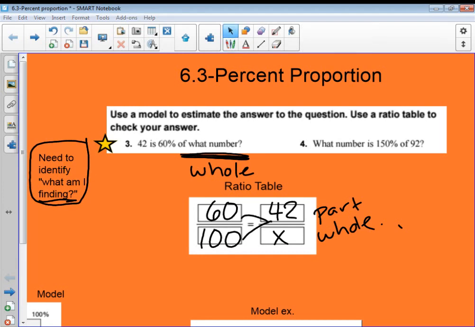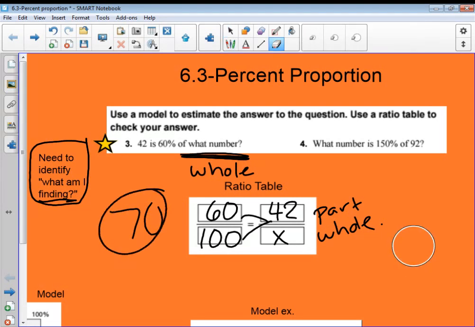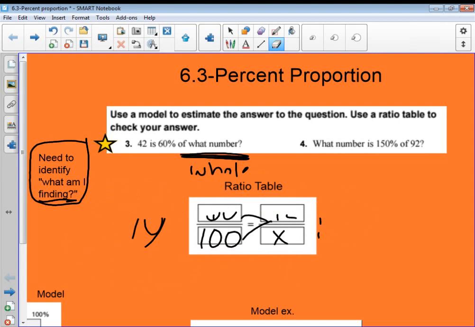That is not easy math in my head. 4,200 divided by 60 will give me 70. So my answer is 70. Okay, last one.